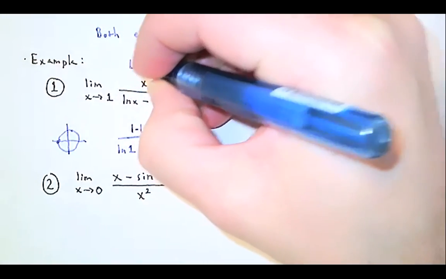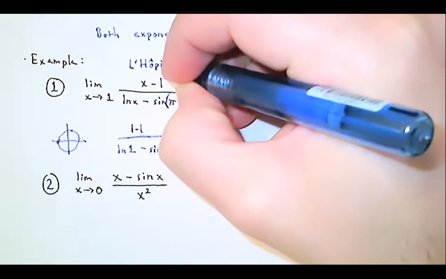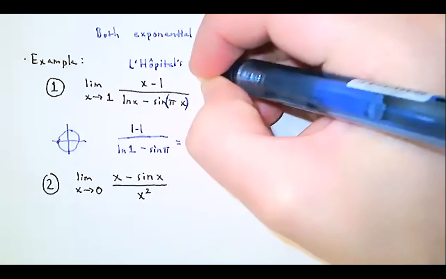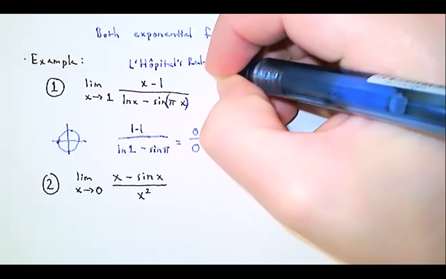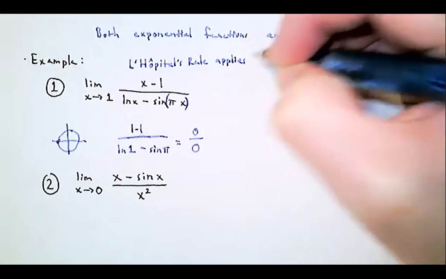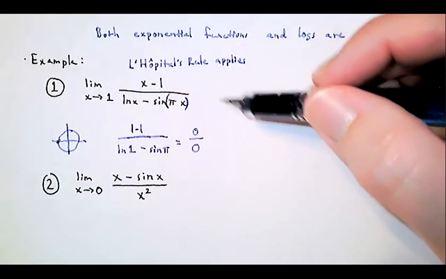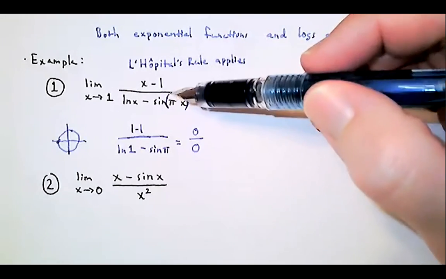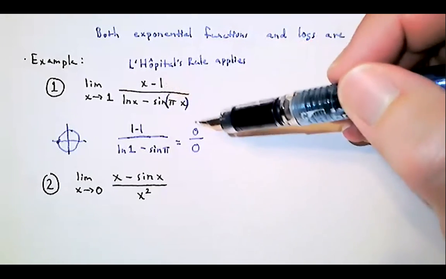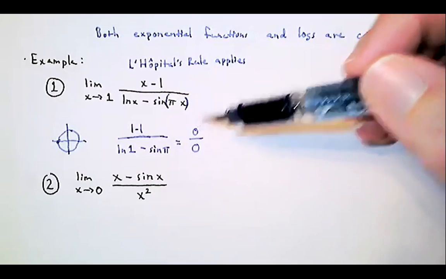Let's just write it up here. It's pretty important that you double check before you use L'Hopital's rule that it actually applies. Because if you have something that's not of this form, 0 over 0, then it might not work.